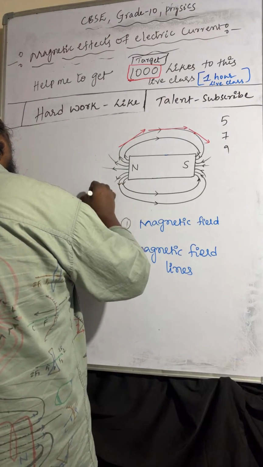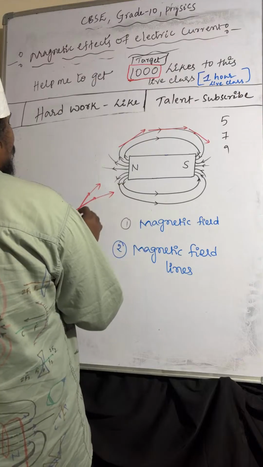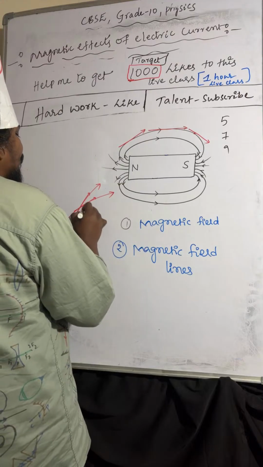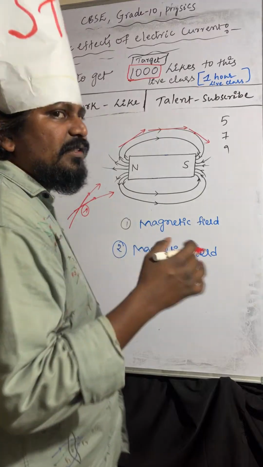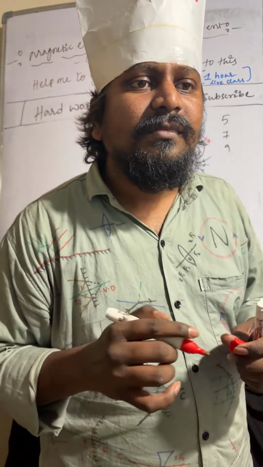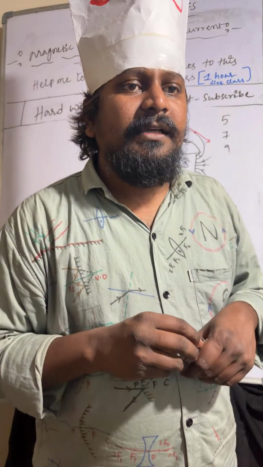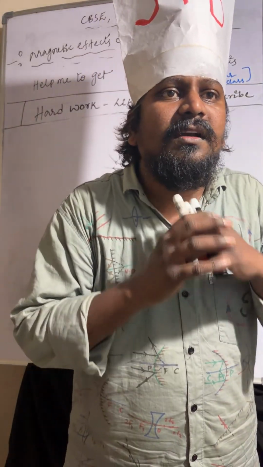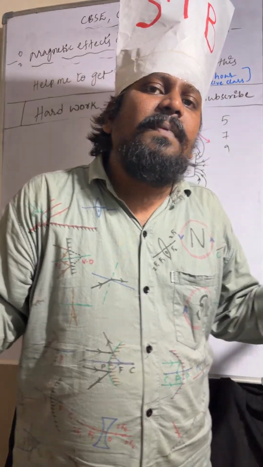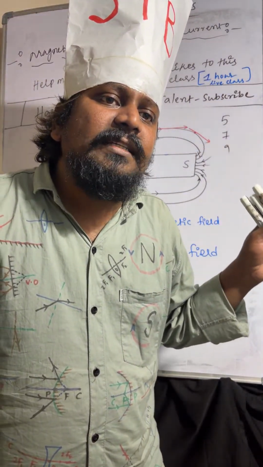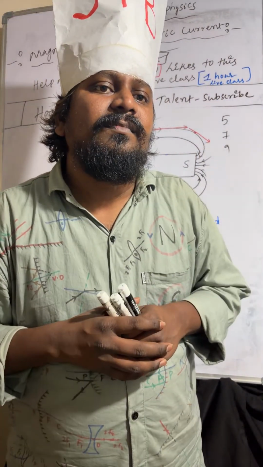I'm drawing the tangent like this, so the compass should show two directions at a time. It is not possible. Understood or not? The compass will not show two directions at a time.